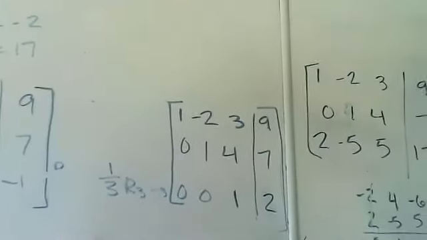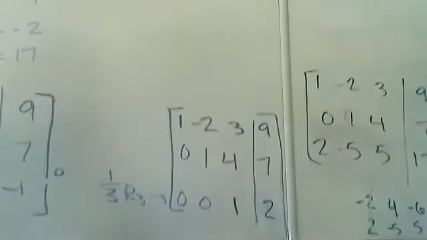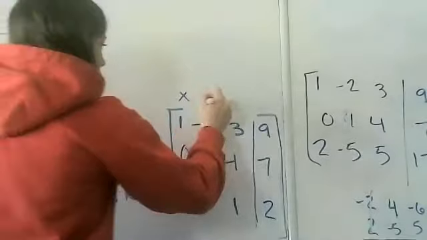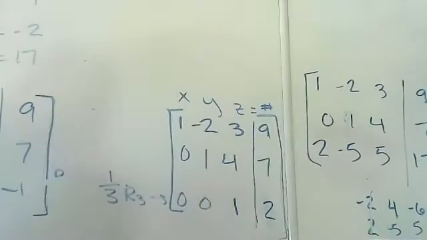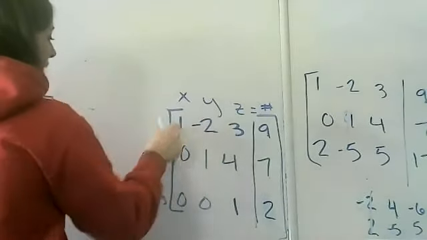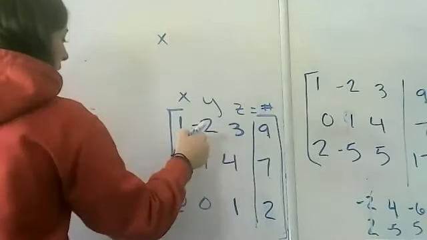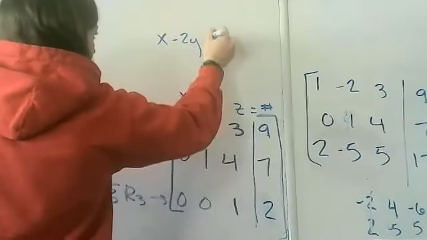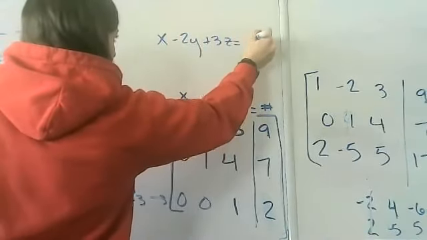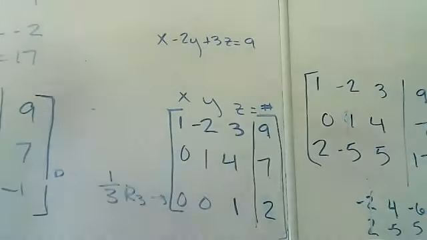So when I go to extract this, I have to keep in mind that these are my x's, y's, z's, equal sign, a number. So bringing this back up, I have 1x minus 2y plus 3z equals 9.